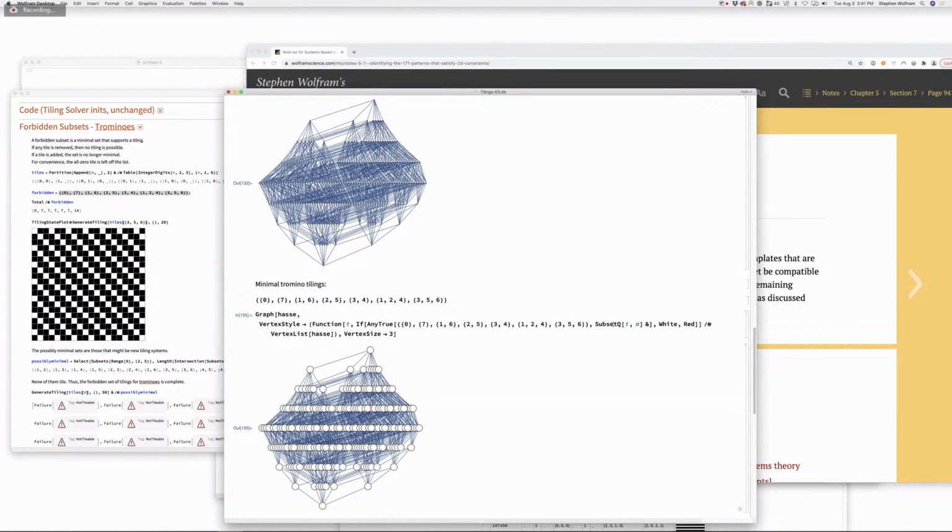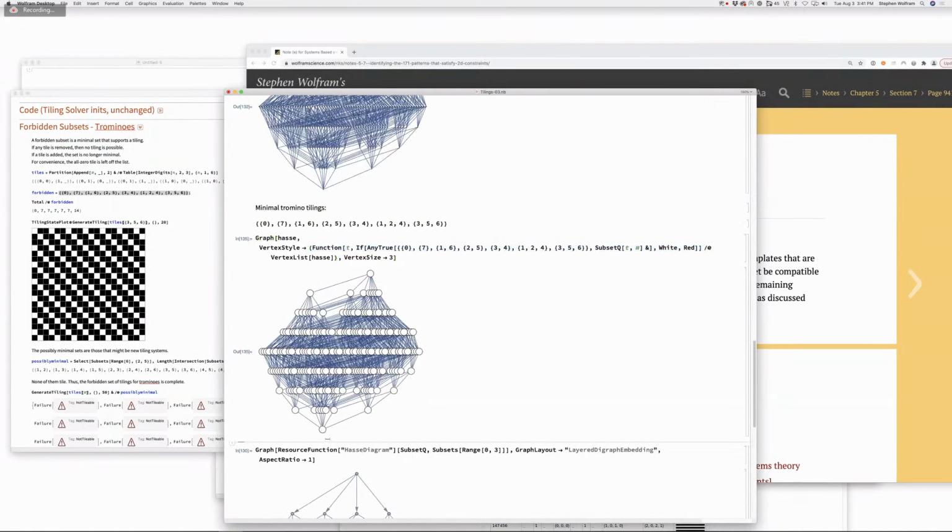Okay, so here, let's take a look. Subset to T. Okay, so the vertex list of Hasse contains a bunch of subsets. So let's try and take a look at one particular example of that subset. Okay, so we're going to take a look at the subset 2, 3, 1, 4.